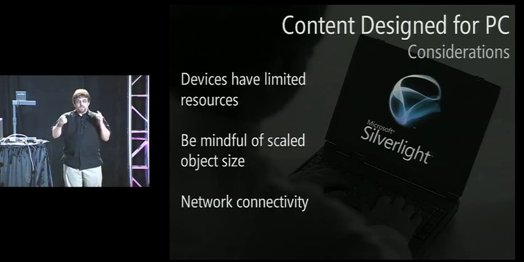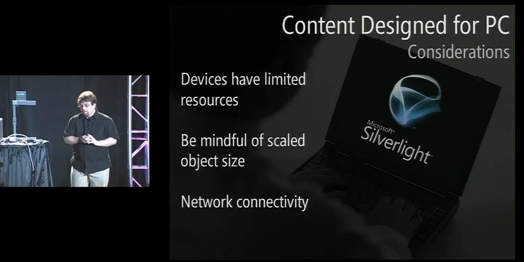But for now, be mindful of the size of your scaled objects. Things will eventually move to invisibility or near invisibility. And network connectivity, while it's improving, you do occasionally get in the elevator. How many times have you been talking to your friend on the phone and you happen to hit floor 22 and you lose your connection? That same thing can happen with data transfer as well.